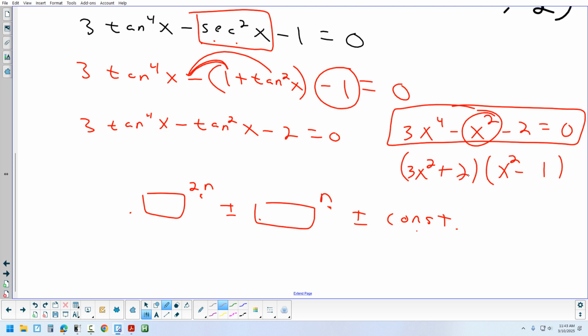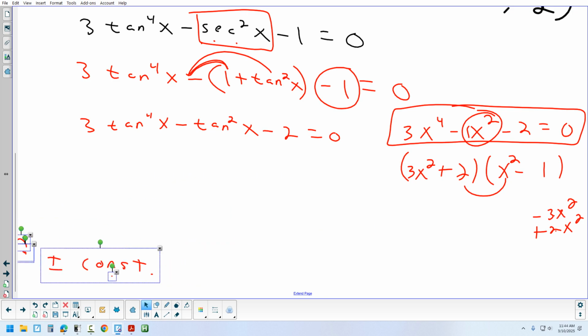And if I multiply that out, I get 3x to the 4th minus 3x squared plus 2x squared. What's minus 3 plus 2? -1. Perfect. So that's how we're going to factor ours, except instead of x, what are we going to have in place of that? Tan x. Yeah.